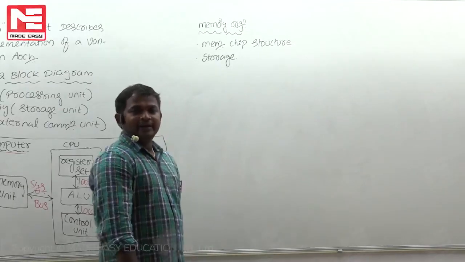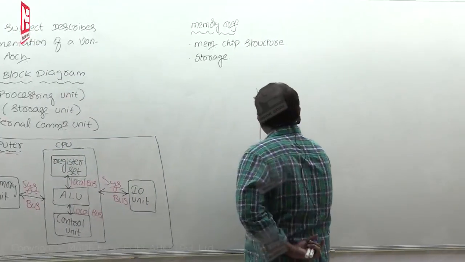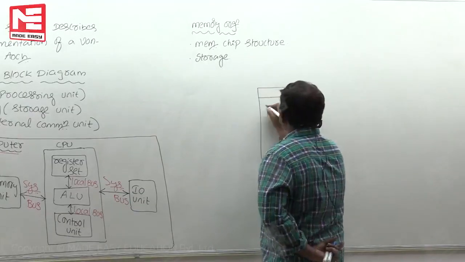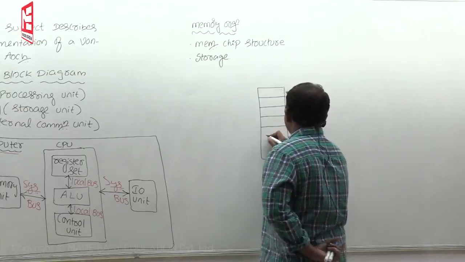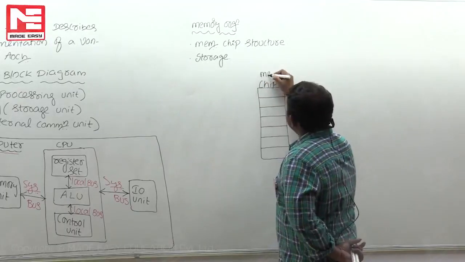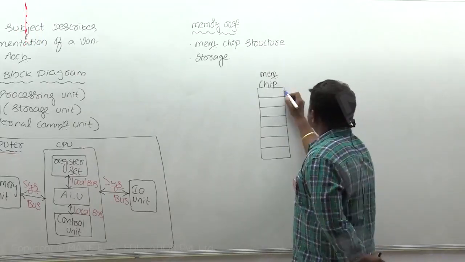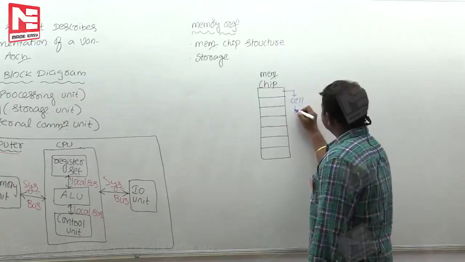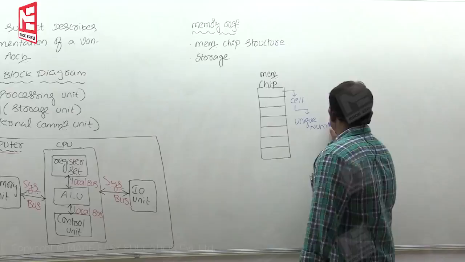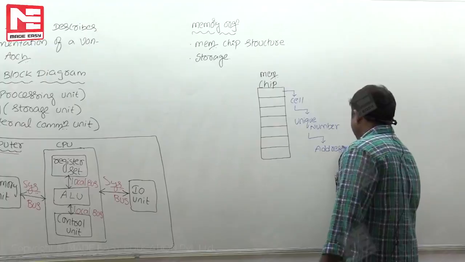Okay, so diagrammatically, the memory chip design is like this. See this. The memory chip is divided into equal parts. Next, each part in the chip is called a cell. Each cell is identified with a unique number. This unique number is called the address.